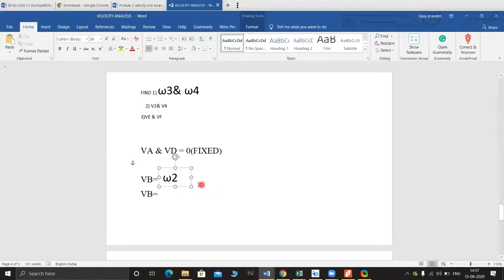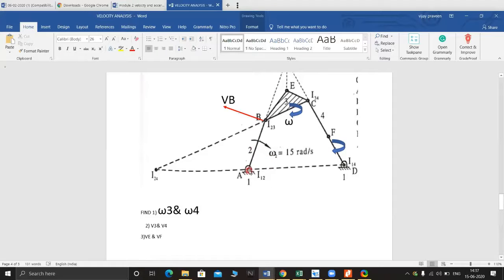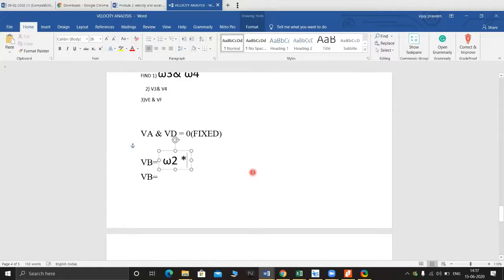Omega 2 into what is the radius, or with respect to point A, what is the distance? AB. That is AB.